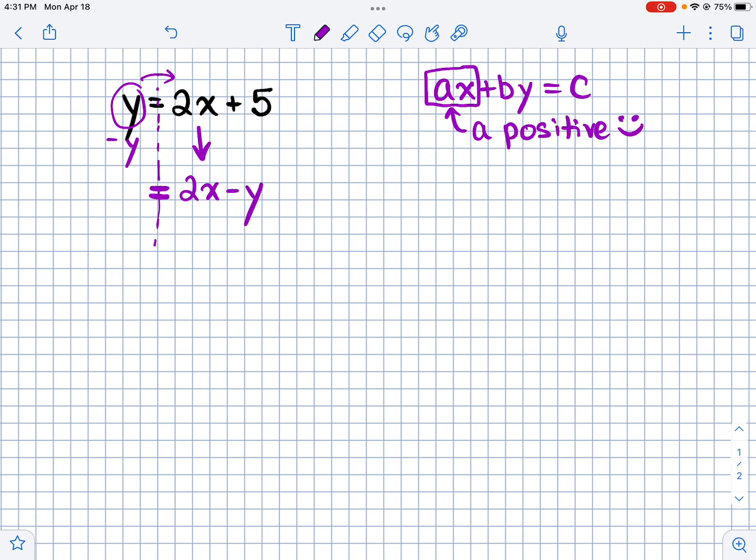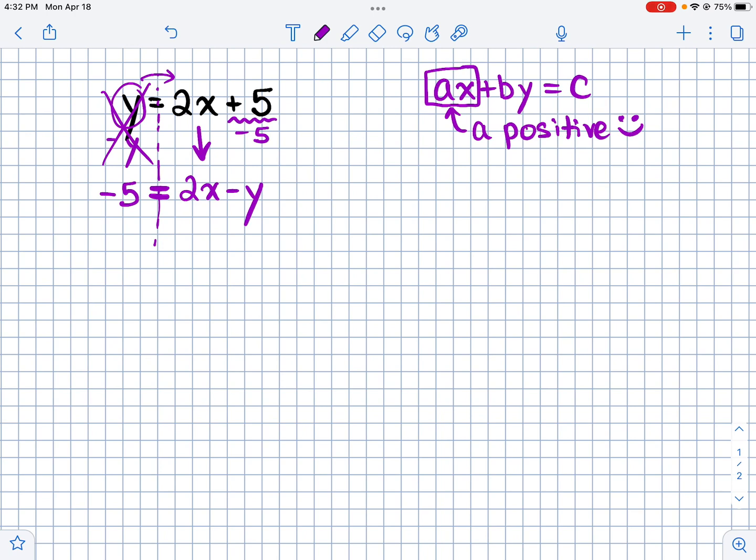So that will eliminate it from the left, and it will appear on the right side of my equation as now 2x minus y. And then this plus 5 here, I don't want that there. I want that on the other side. So I'm going to subtract it because I know 5 minus 5 will be 0. And then it will appear on the left side as negative 5.